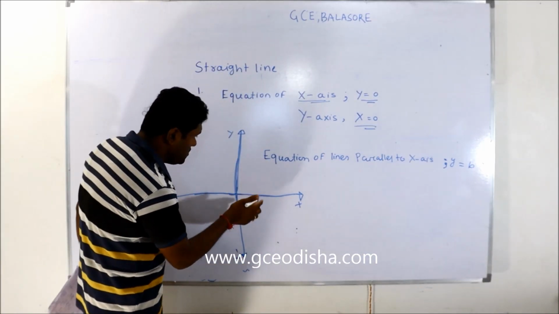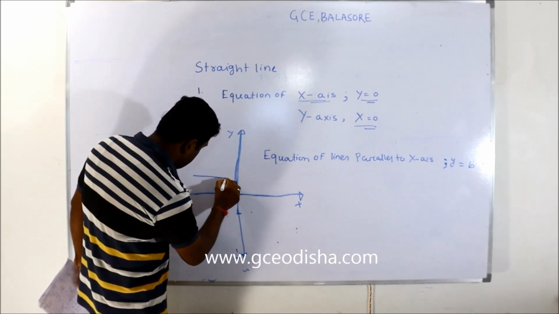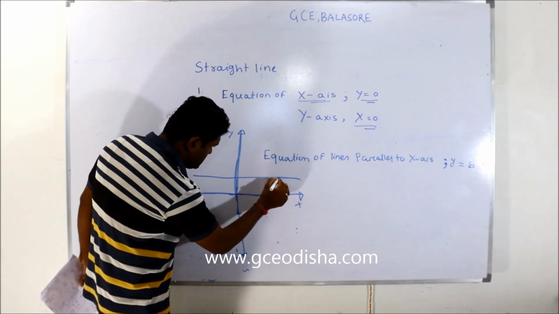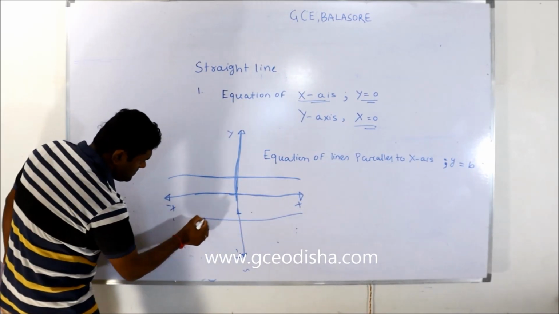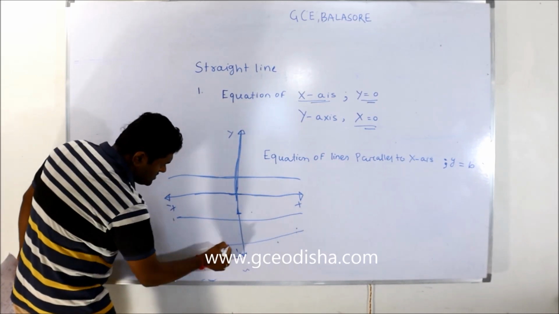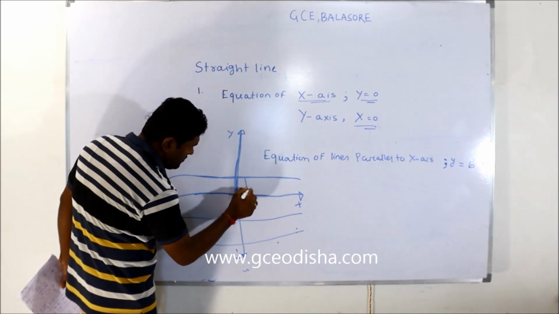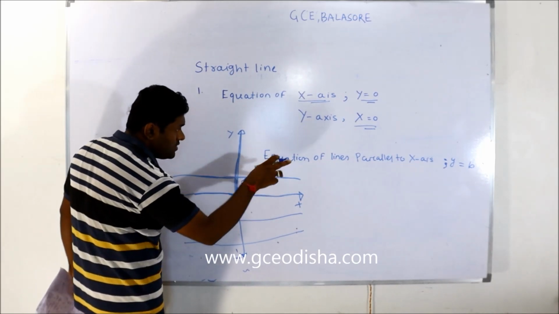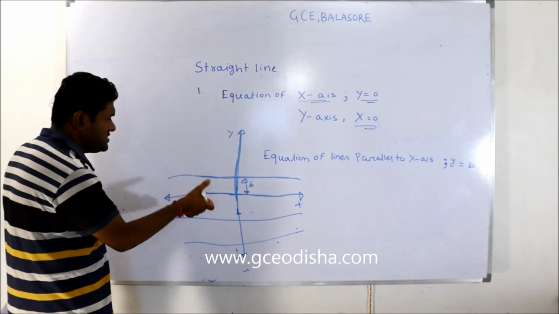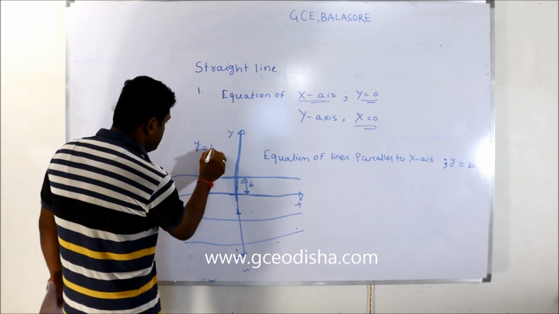I will tell you. Equation of line parallel to x axis. This line is parallel to x axis, maybe this line, maybe this line. If you take this distance as b, then the equation of the line parallel to x axis will be y is equal to b.